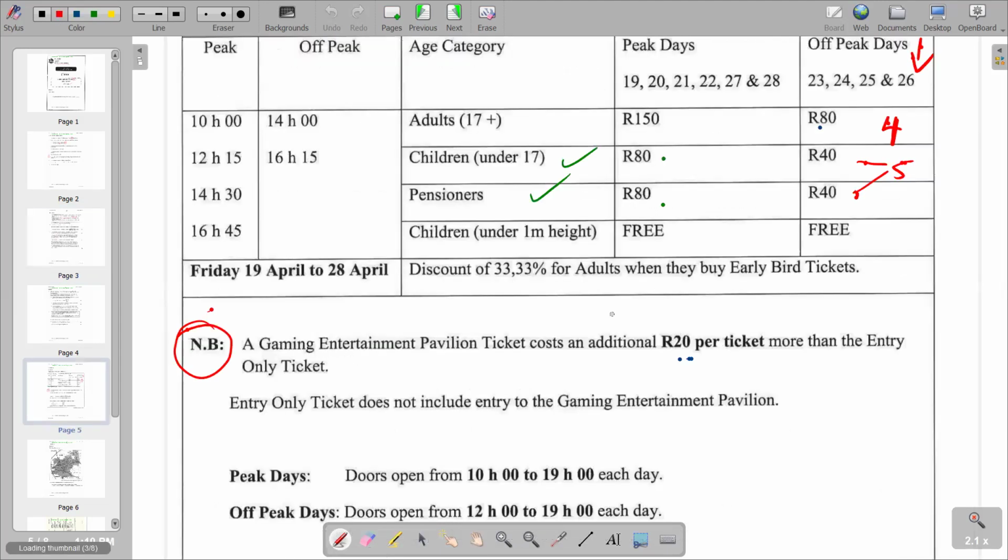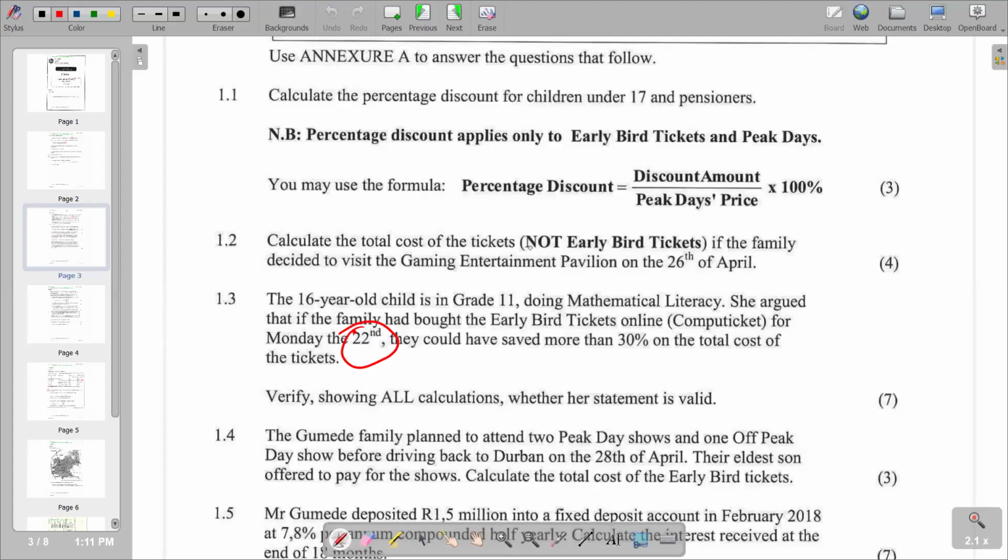We see that the 22nd is going to apply in this column, which is the peak days. So if you try to go back to our question, let's see what the question says. According to the question, we're going to make a comparison of the early bird ticket prices and the normal prices.